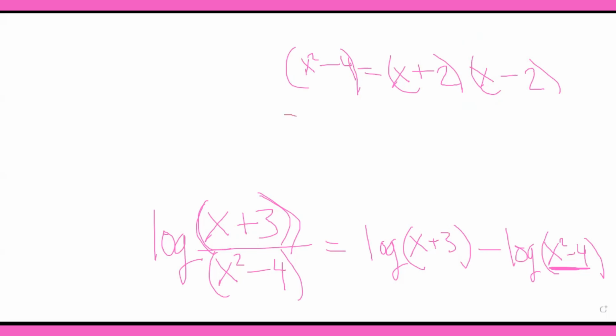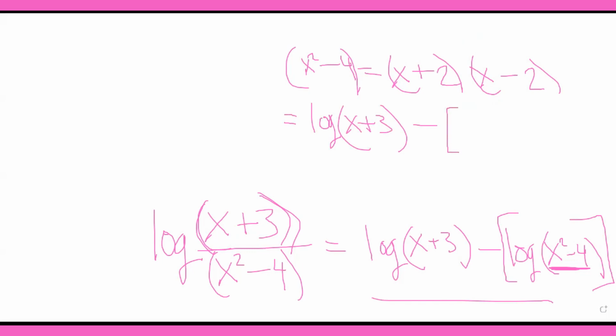So again, if we just rewrote this portion down here, I have log of x plus 3 minus, and this is where we want to be careful because I'm going to subtract whatever this reduces to. So if this reduces to something else, I'm still subtracting that whole chunk. So this I could rewrite as the log of x plus 2, x minus 2.